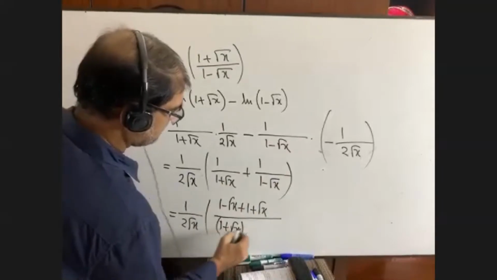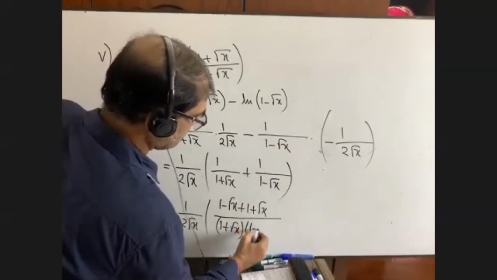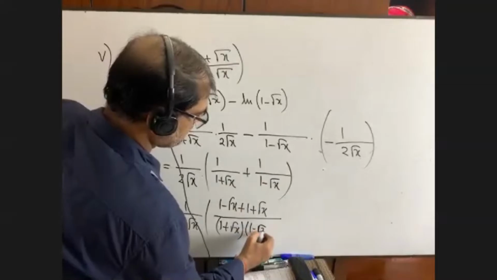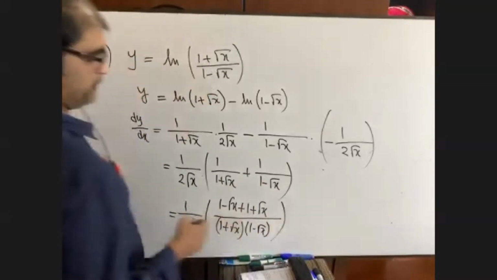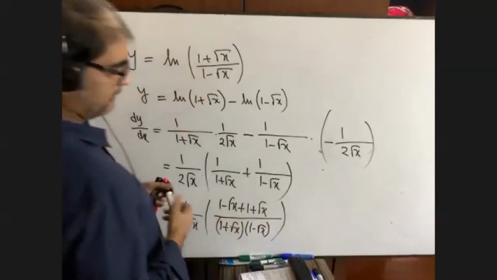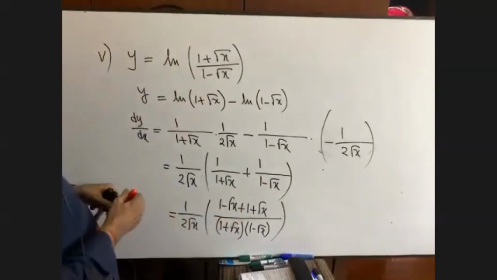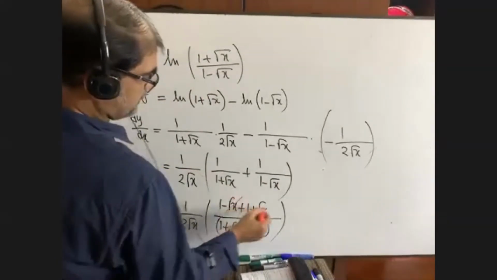If we get the LCM here, it will again be put into the formula of a minus b, a plus b, that is a square minus b square. I am telling about the denominator. Here root x will be omitted.